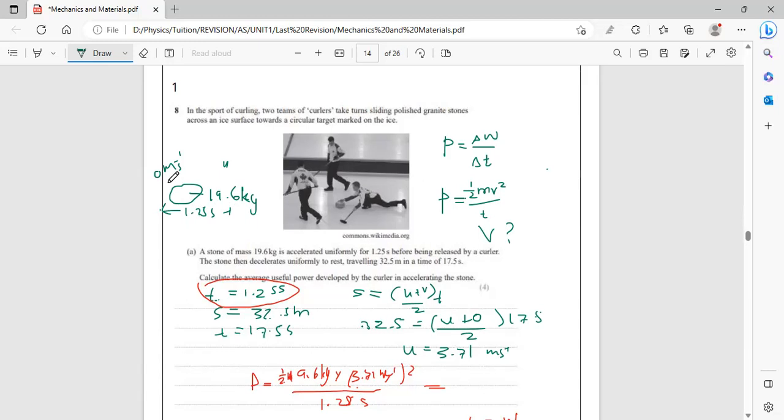So you are pushing it until you get the speed and then you release it out. And the stone then decelerates uniformly to rest, traveling 32.5 meters in a time of 17.5 seconds.